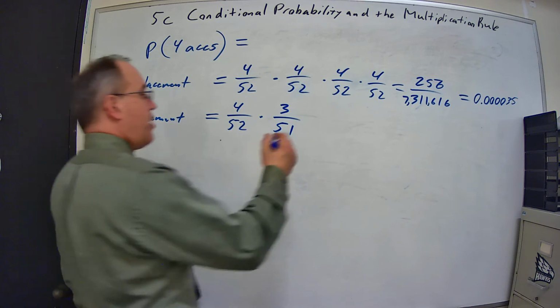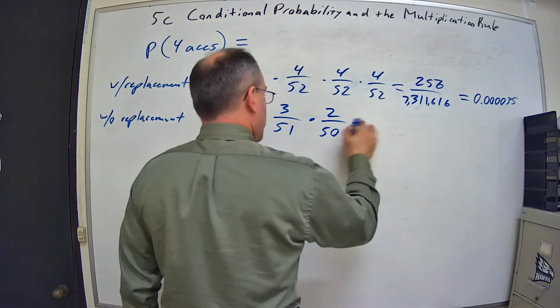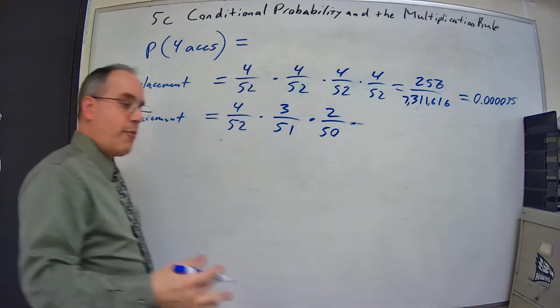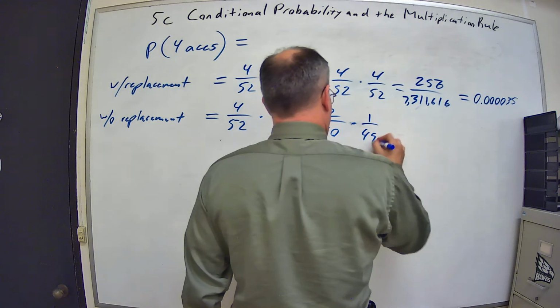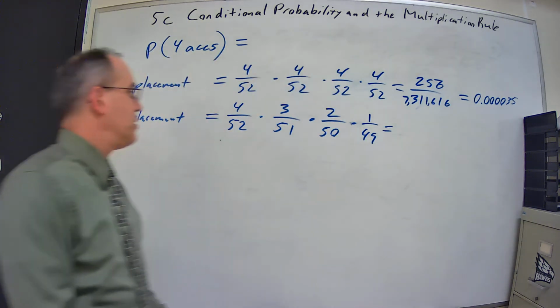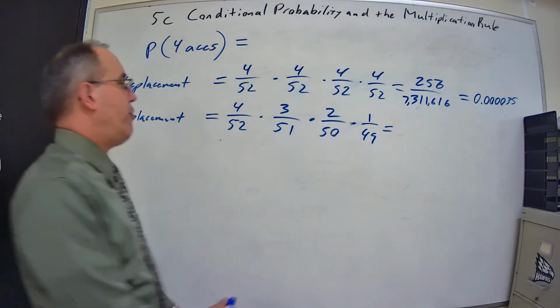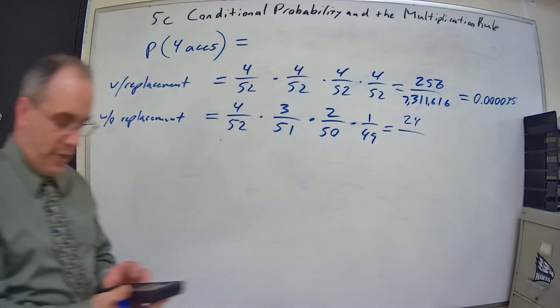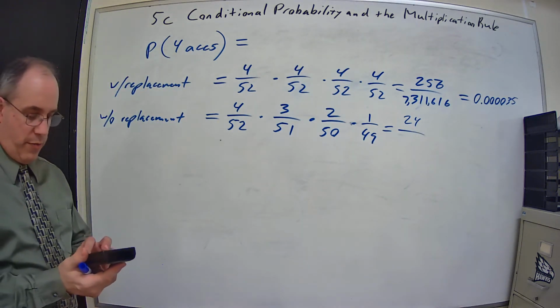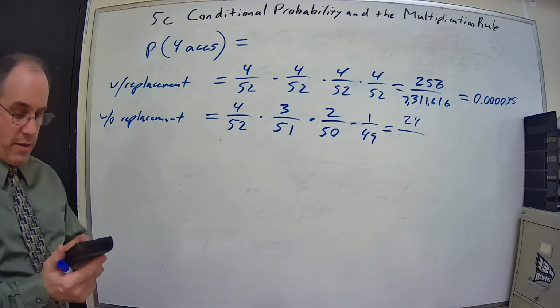And then because we're not replacing that card, there's only 2 left out of 50 cards. And then since we're not replacing that one, there's only 1 left out of 49 cards. So now I have 4 times 3 times 2 times 1, so 24, over 52 times 51 times 50 times 49.